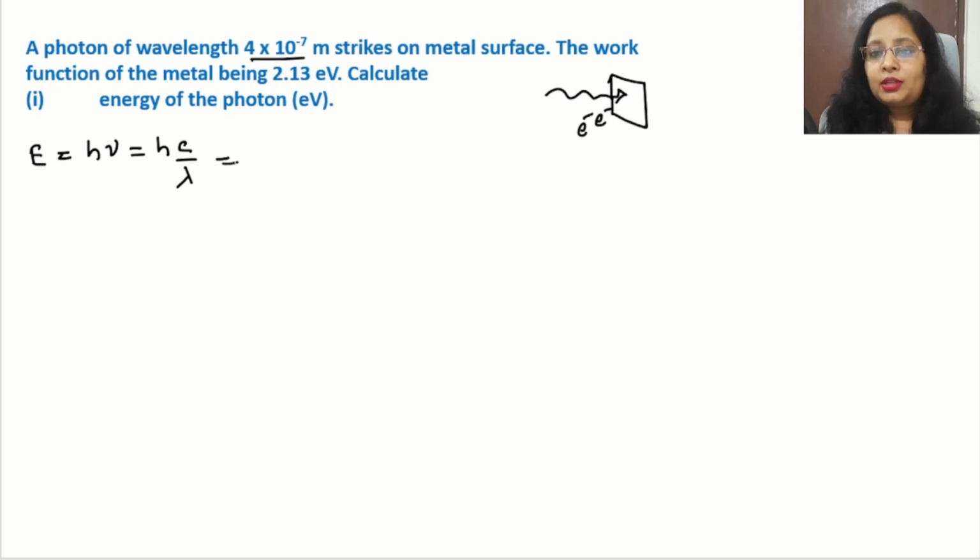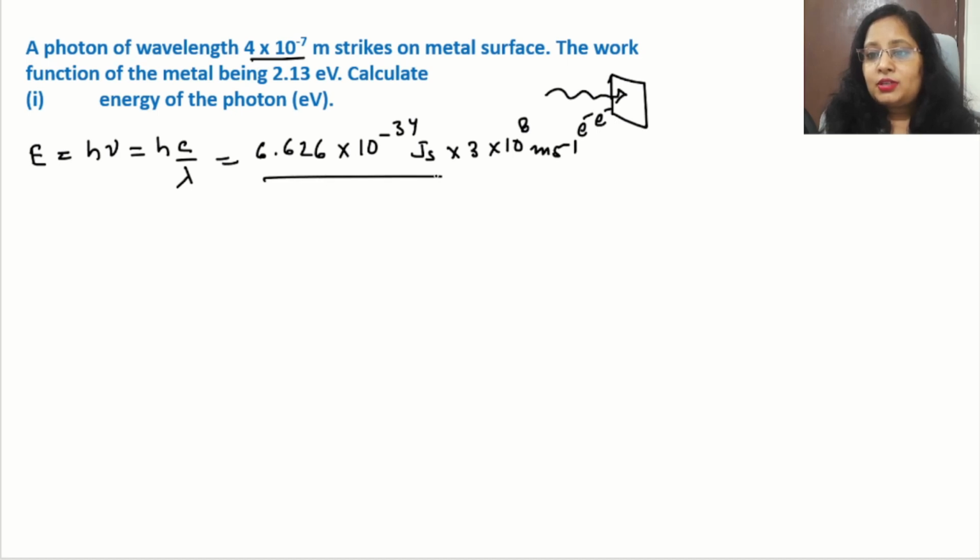So now putting the values in the formula, h, Planck's constant, value is 6.626 into 10 to the power minus 34 joule second, into c, which is 3 into 10 to the power 8 meter per second, divided by lambda, 4 into 10 to the power minus 7 meter. Now meter per second and second cancel out.